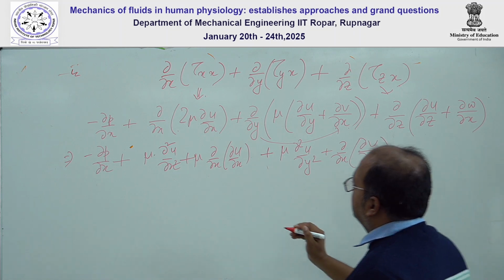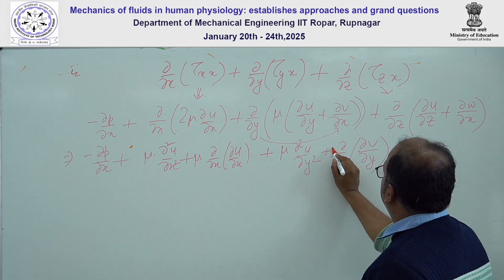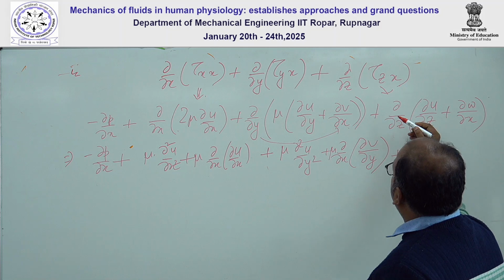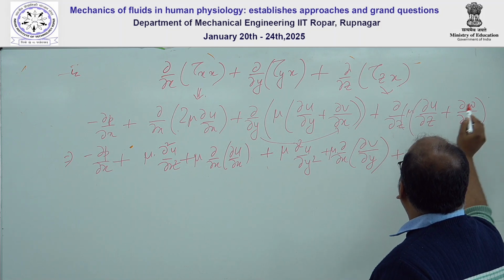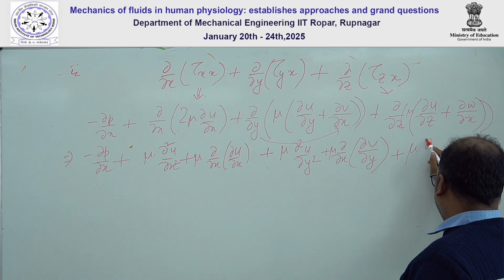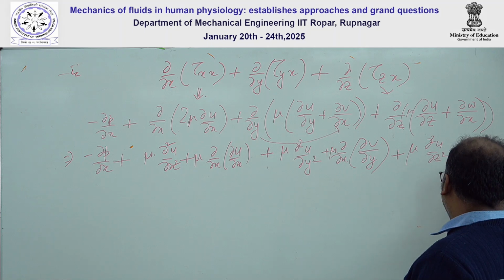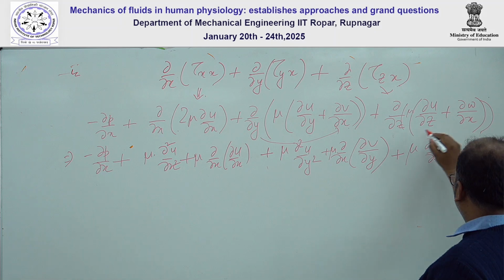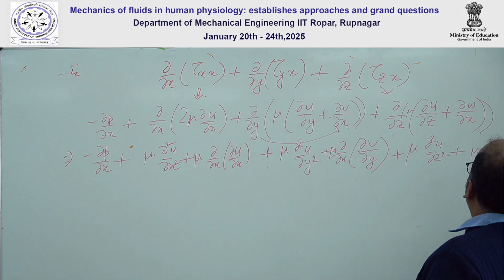Following that, there is a mu term here anyway, and a mu term here also. So mu del 2u del z square plus mu, again we do the interchange here, del x del w del z.